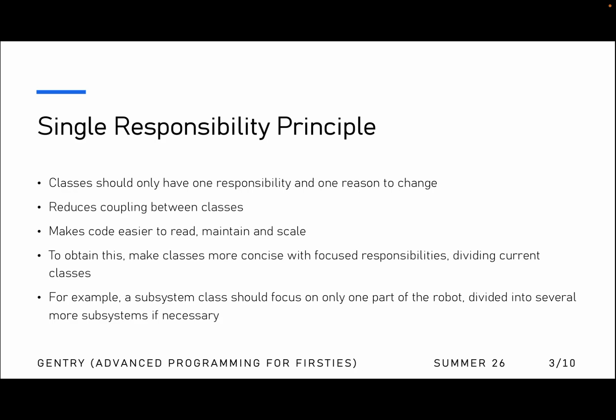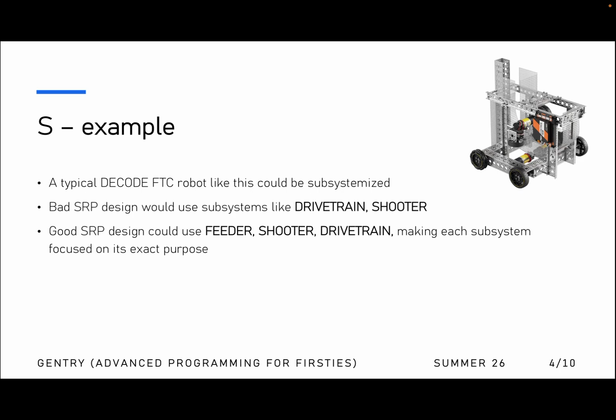For example, a subsystem class should focus only on one part of the robot, divided into several more subsystems if absolutely necessary. So, for an example for S, if we have a simple DECODE FTC robot, it could be systemized like this. A bad single responsibility design would use subsystems like the drivetrain and the shooter, where it's pretty simple, but we could change it into having a feeder, where our feeder takes care of our two servos right here and the one on the other side, and our shooter right here would take care of this motor.